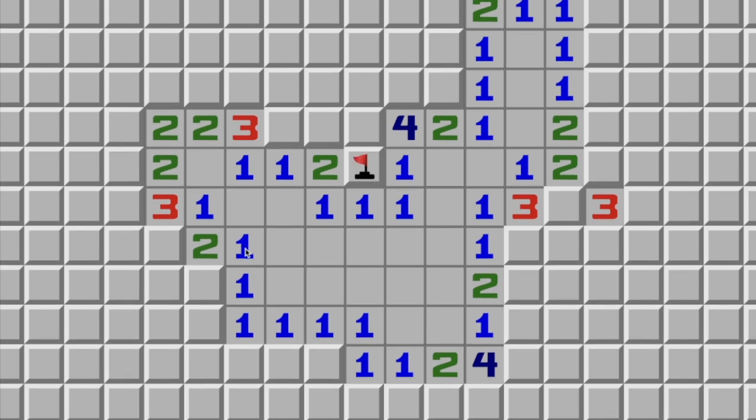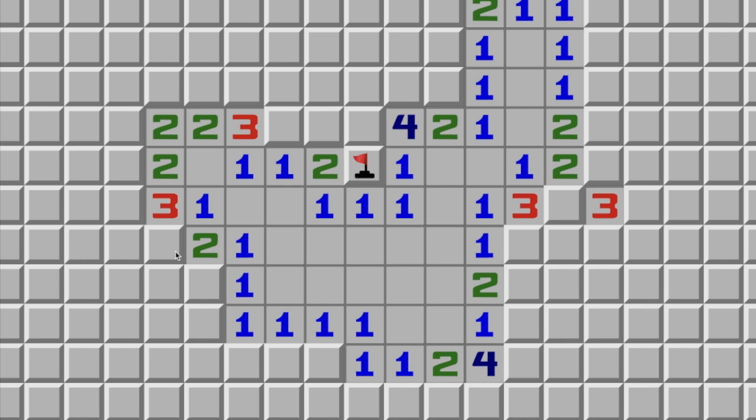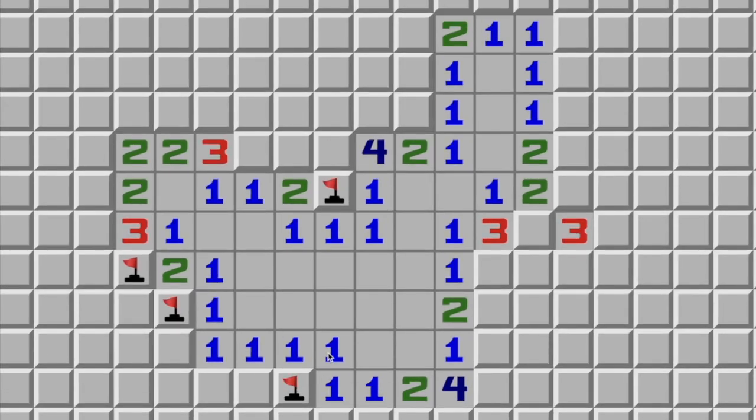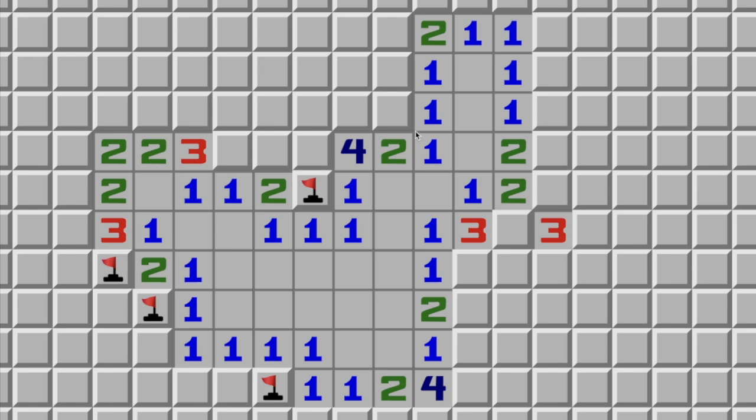And as we look around here, there are definitely more. So here's another 1 only touching 1 cell, so we know it has to be a mine. Same thing with this one, it's on a corner, so you can mark that. This one as well. And there's even 3 more: there's one here, here, and there.